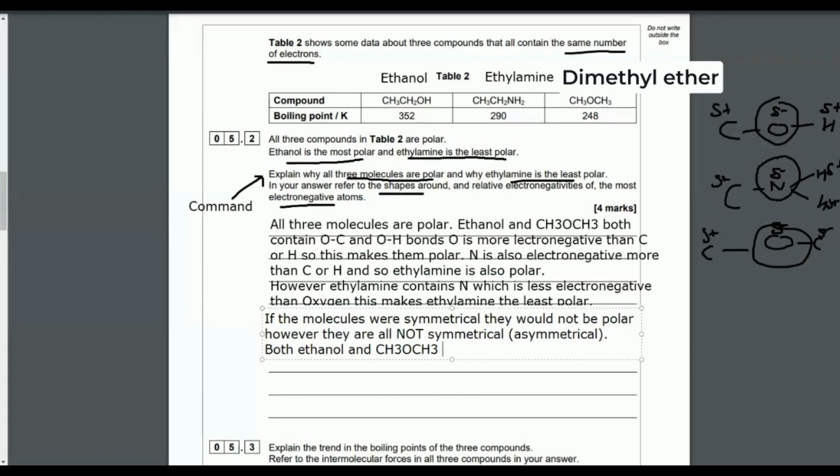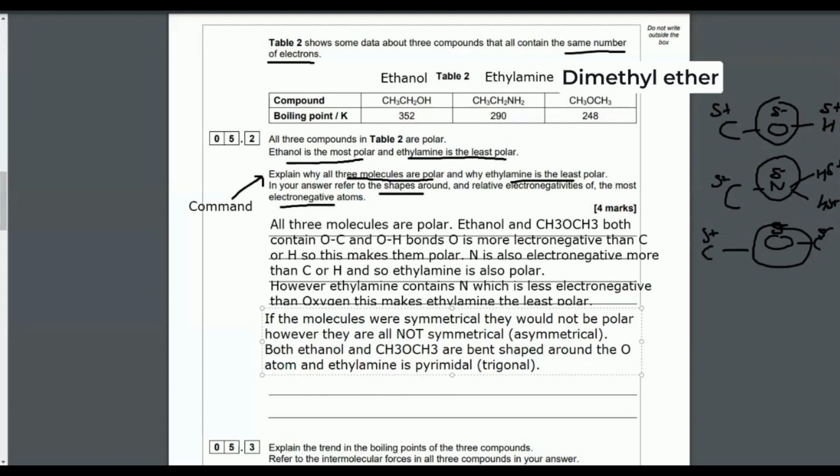So both ethanol and CH3OCH3 are bent shaped around the O atom, and ethylamine is not tetrahedral. Because nitrogen is, yeah, it's going to be pyramidal. Pyramidal, there we go. And ethylamine is pyramidal. It's actually trigonal pyramidal, but yeah. So that also contributes to why they're polar.